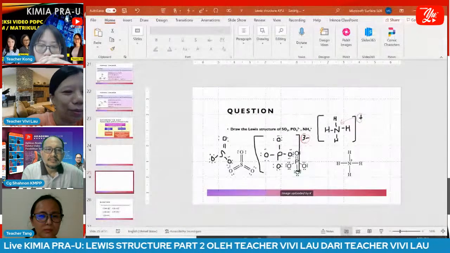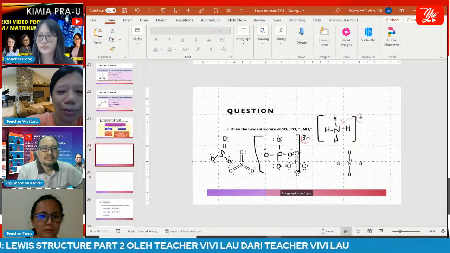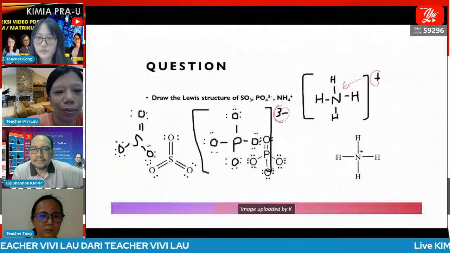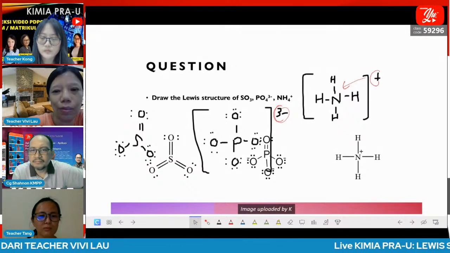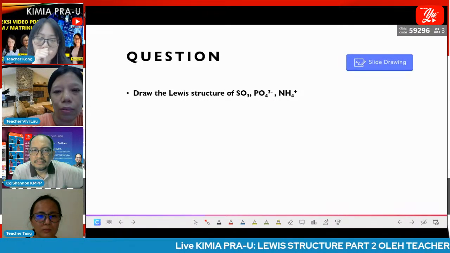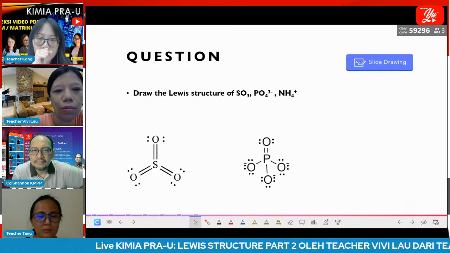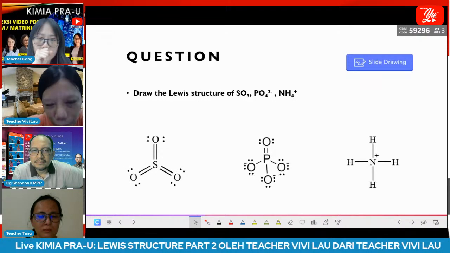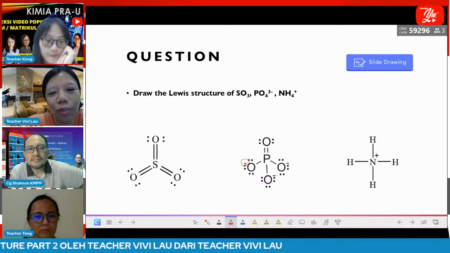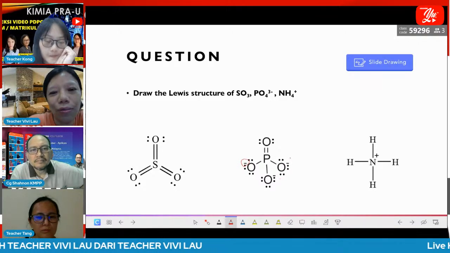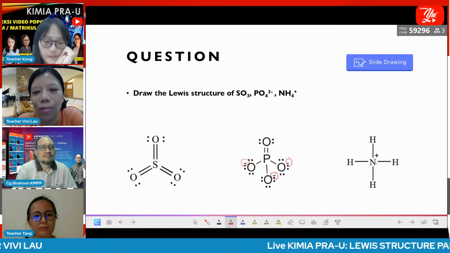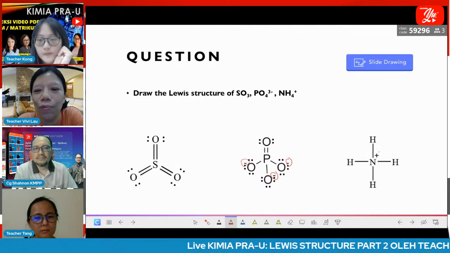Okay, this one is the answer. You must show the charge inside. So we got 3 negative, so you show all the 3 negative inside. Then for the ammonium ion, the positive must be inside.